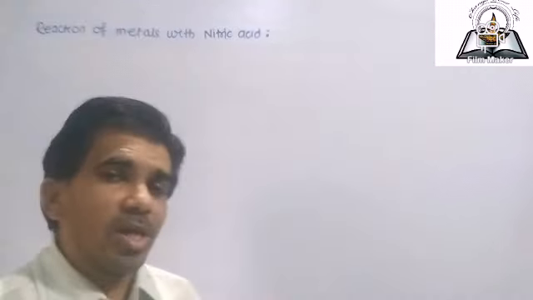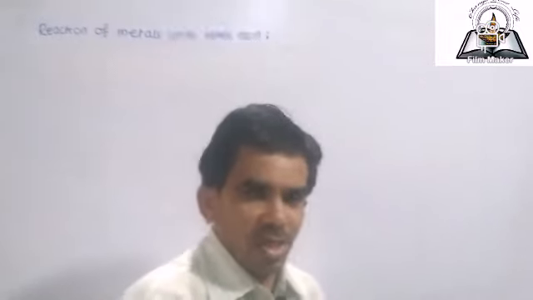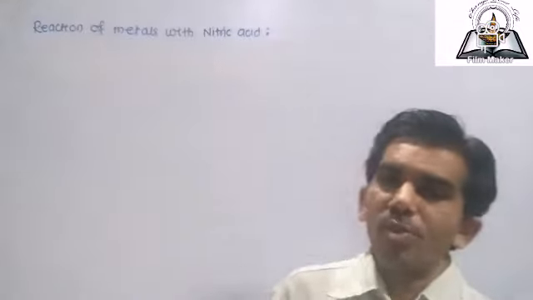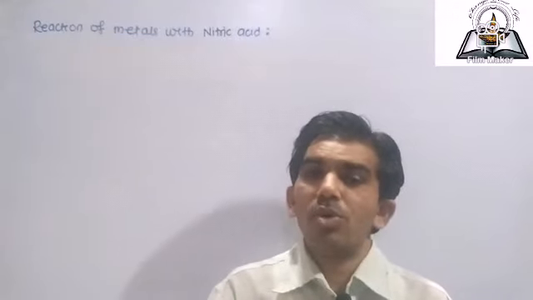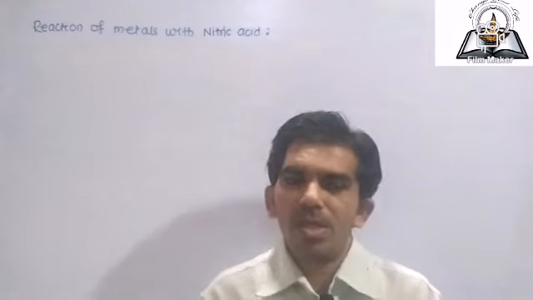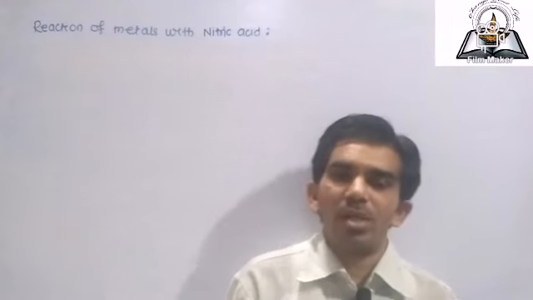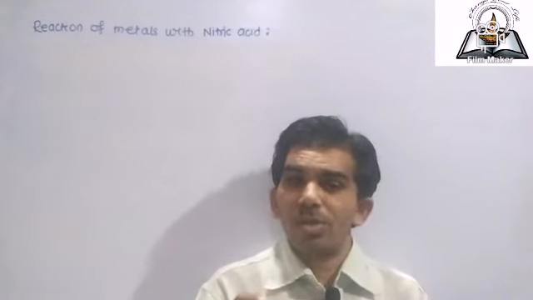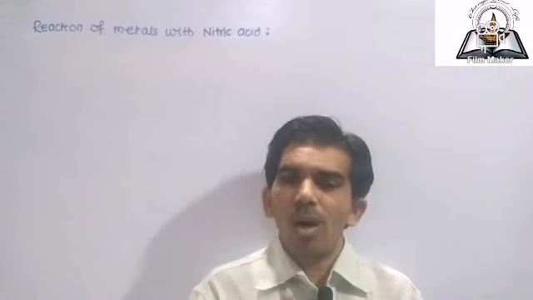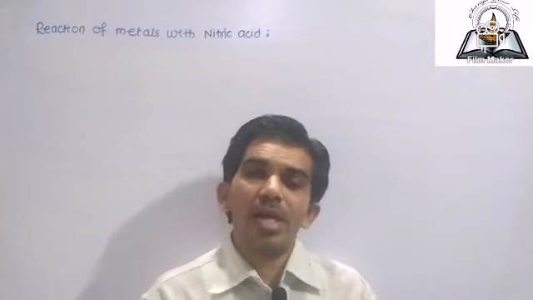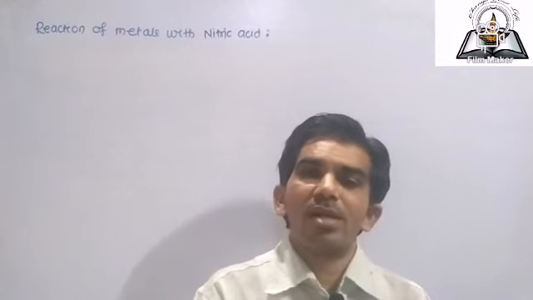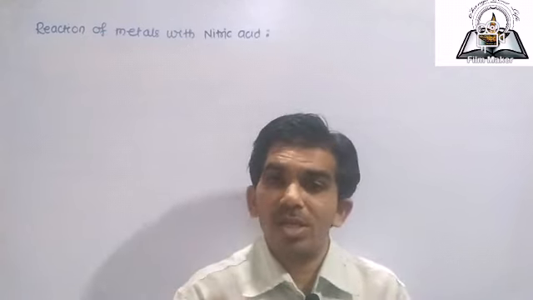Another one, when metal reacts with sulfuric acid, it gets converted to metal sulfate with the liberation of hydrogen gas. But copper is again an exception, because when copper reacts with sulfuric acid, it does not liberate hydrogen gas. Instead it liberates sulfur dioxide.